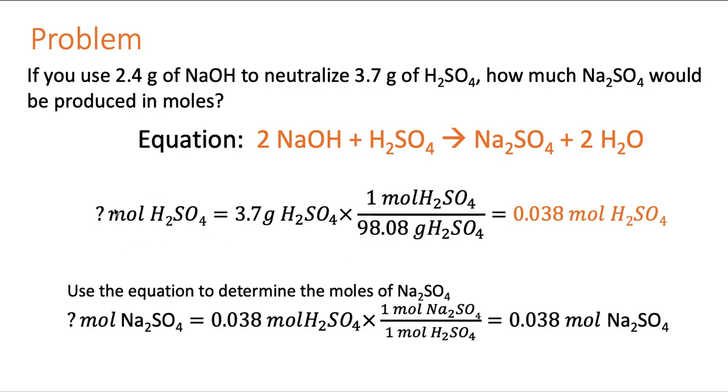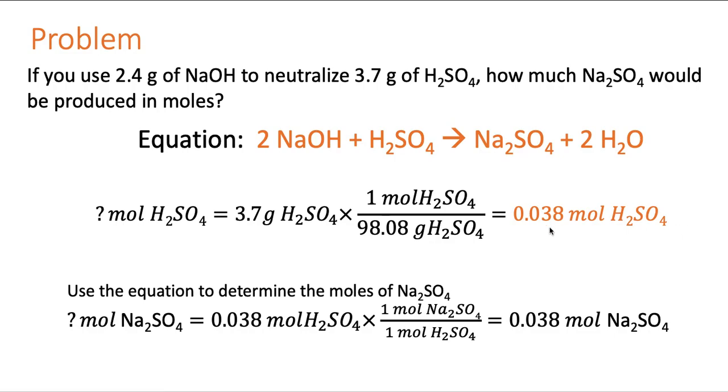So if I want to first calculate the amount of moles, I use 3.7 grams of sulfuric acid. I know 1 mole of sulfuric acid weighs about 98.08 grams. I write this conversion factor in such a way to get rid of my grams. Grams will cancel with grams, leaving me moles at the top, and I get 0.038 moles of H2SO4. This is how much I have.